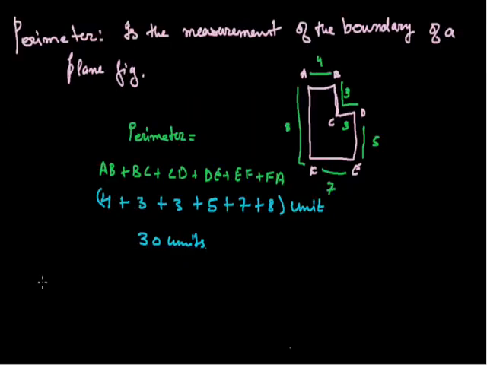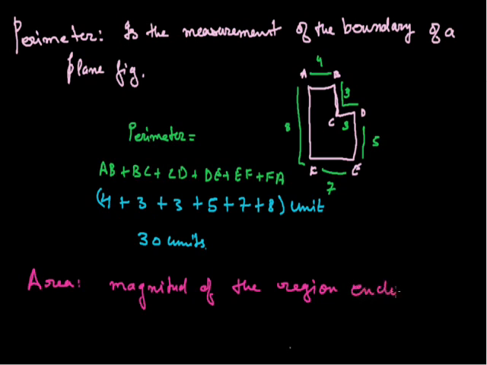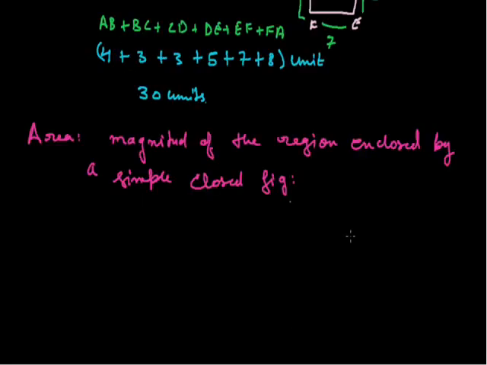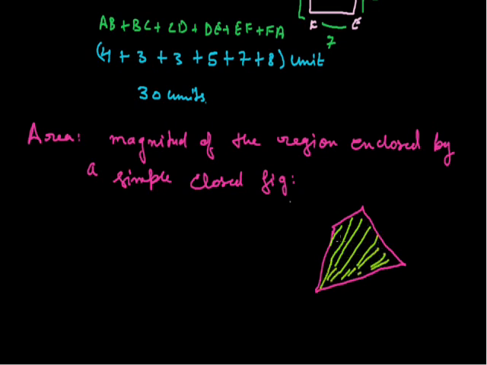Next is area. Area is the magnitude of the plane region enclosed by a simple closed figure. That is, if we are having a figure like this, which is a simple figure, then the area will be the region enclosed by this boundary, this pink boundary, and the region will be this total part.